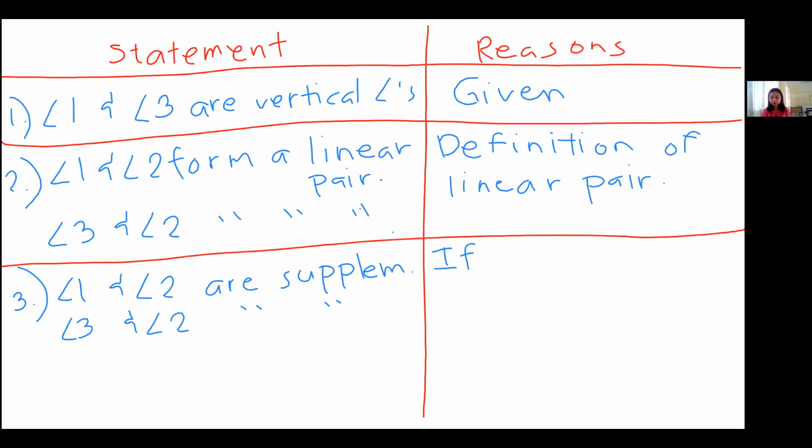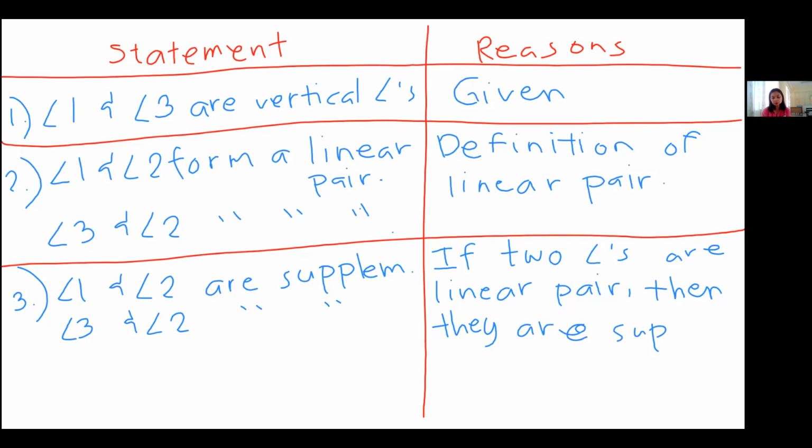Okay? They are supplementary. So yung reason natin, ayan. So if two angles are linear pair, they are supplementary.